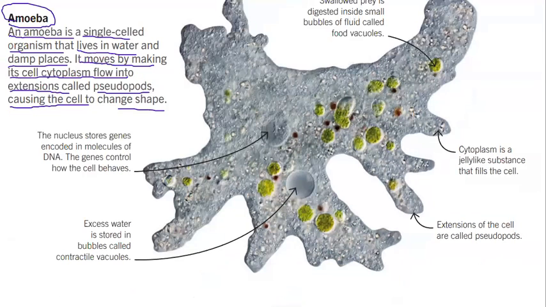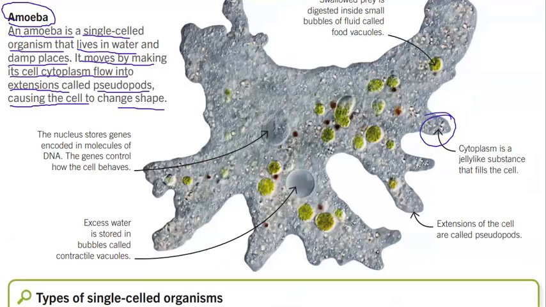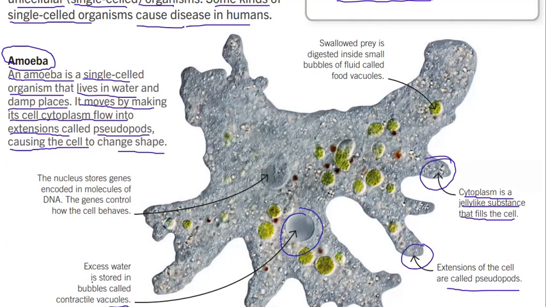So you can observe here, this location is called cytoplasm. Jelly-like substance fills the cell, and these extensions of the cell are called pseudopods. This location is where excess water is stored in bubbles called contractile vacuoles.